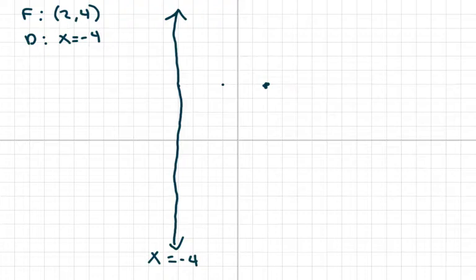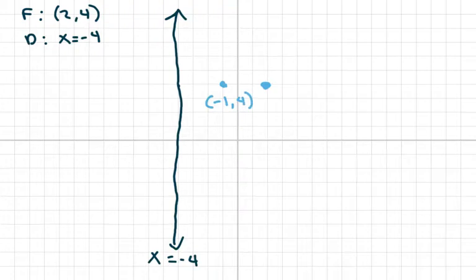My focus is here, and my directrix is x equals negative 4. I find the midpoint, which is here, and that point is negative 1, comma 4.